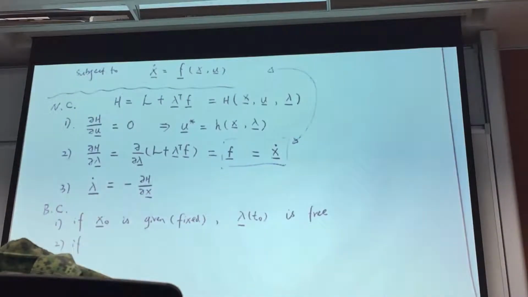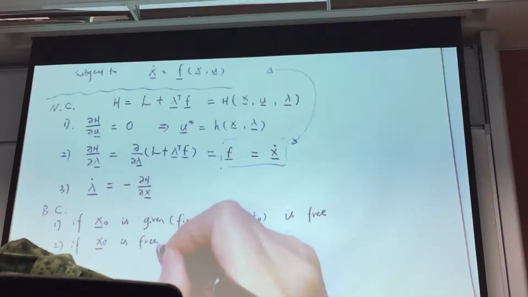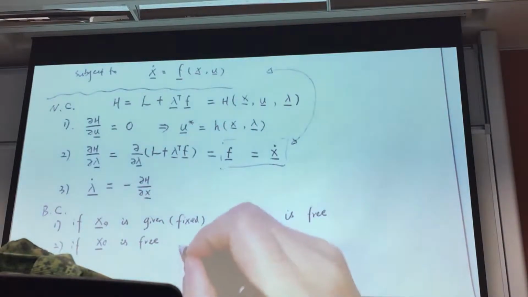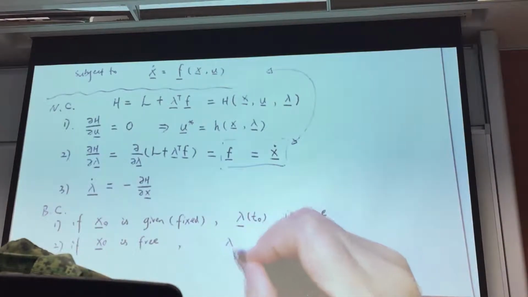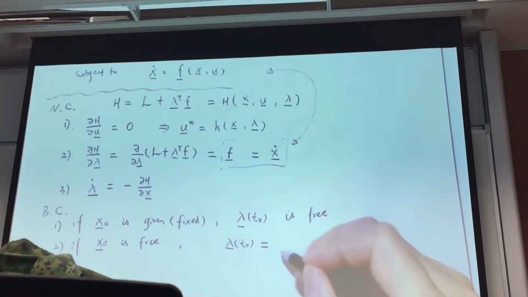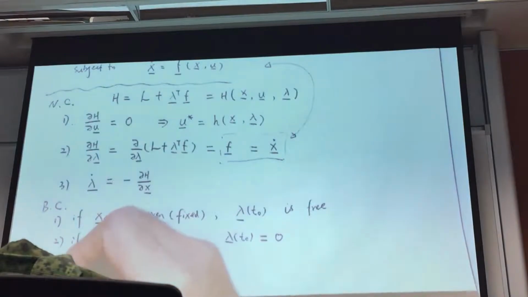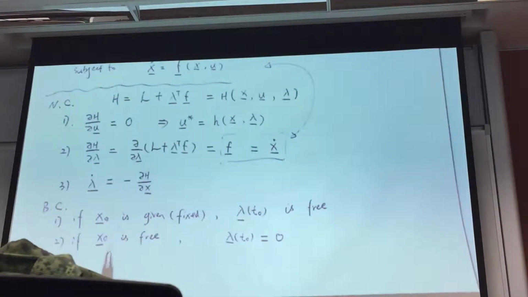The second condition is if x0 is free, if it's not given, then lambda at t0 must be 0. So these two conditions are related to x0.